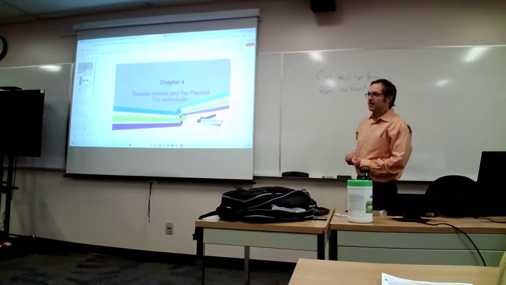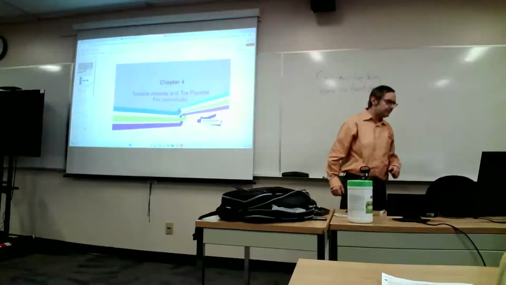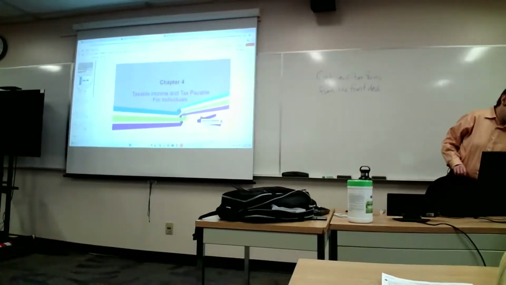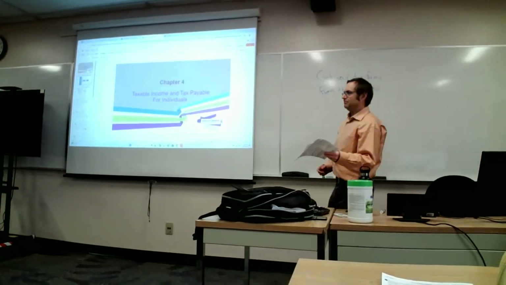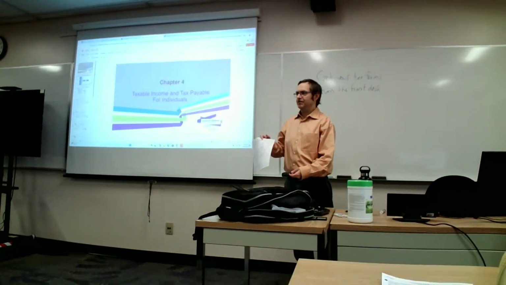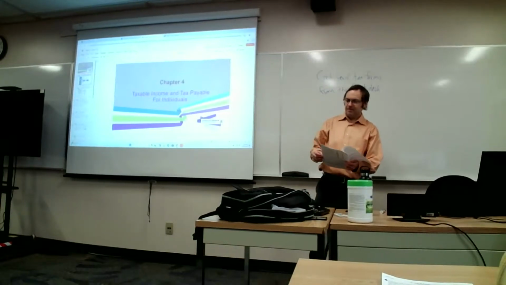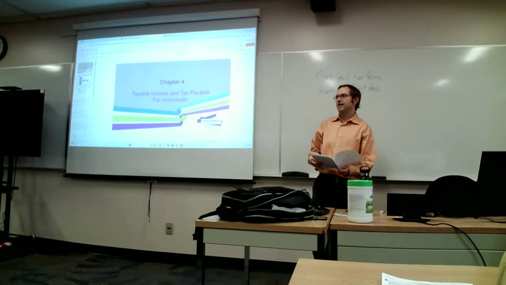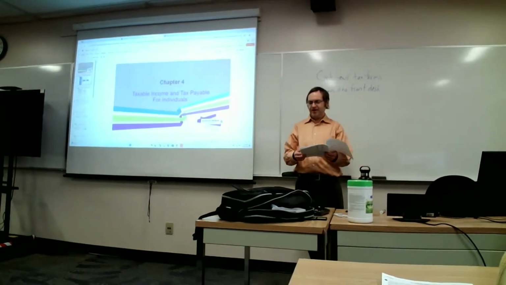So, going back to our definitions, if we look at our T1 jacket here that I handed out to you guys. Page 3 pertains to income. So basically, any type of income that you can get, it's on page 3.